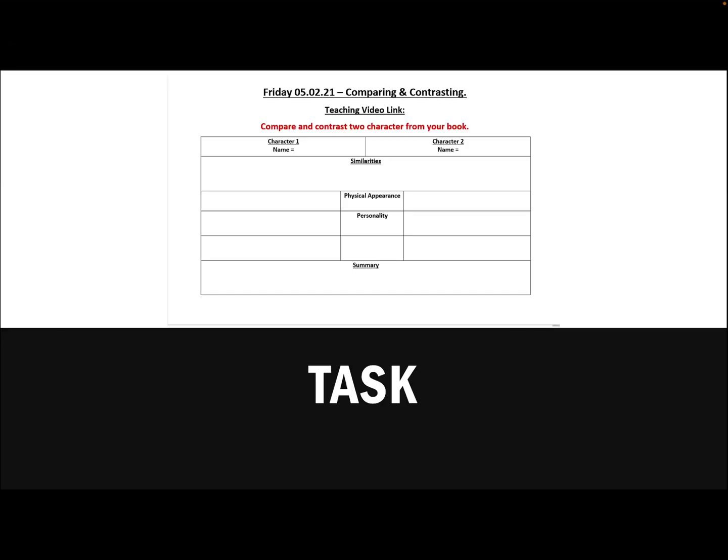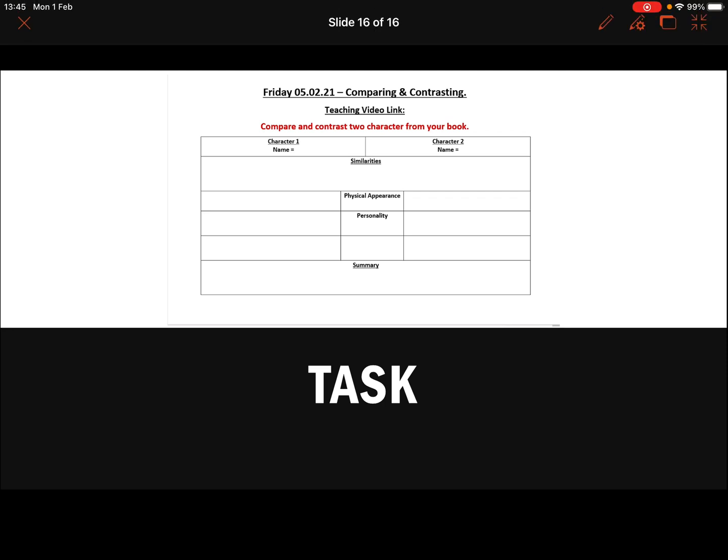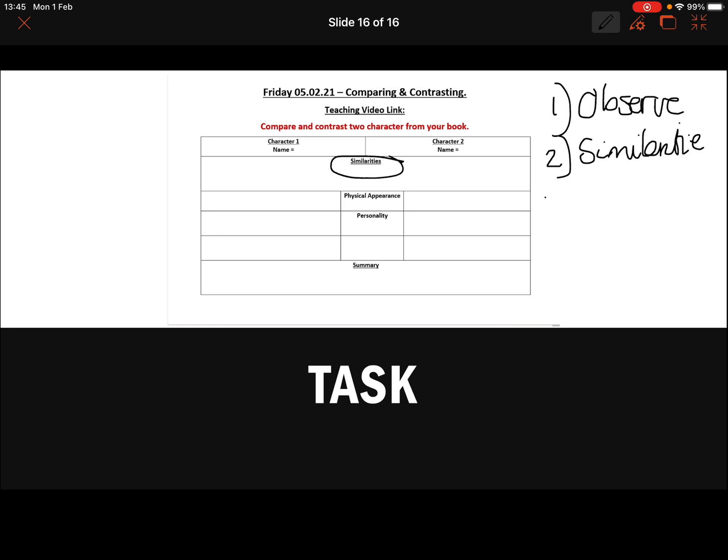So now, boys and girls, looking at your task, you have to go through those 4 steps. So step number 1 is you have to observe a character, 2 characters in your own book. Step 2 is you have to notice the similarities between those characters. You'll notice that's there for you to fill in.